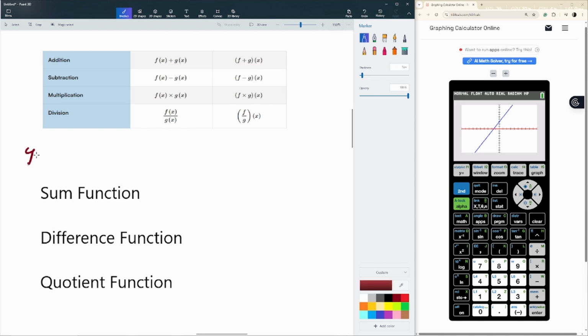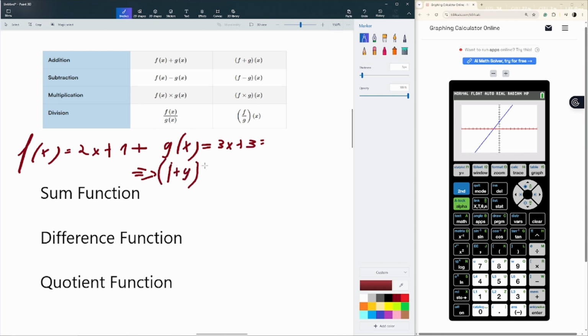If you have f of x is equal to 2x plus 1 plus g of x, which is 3x plus 3, then you simply add this all together, which you can write as f plus g in brackets of x, is equal to 5x plus 4.